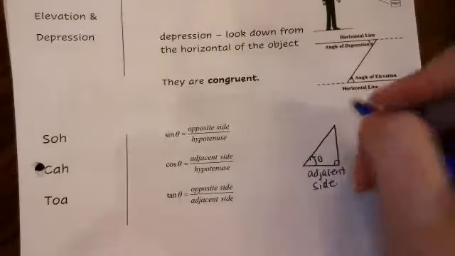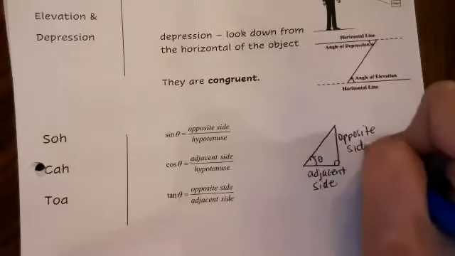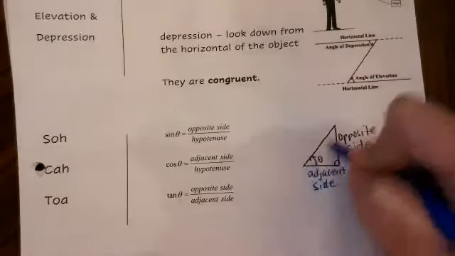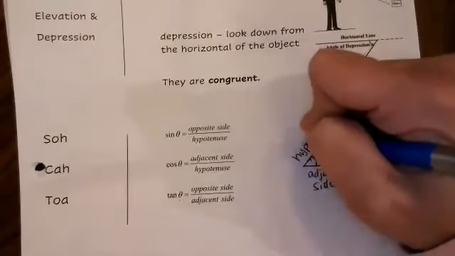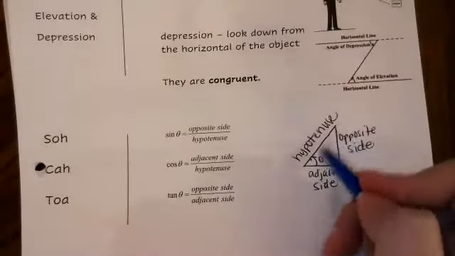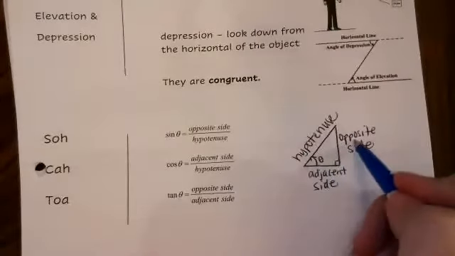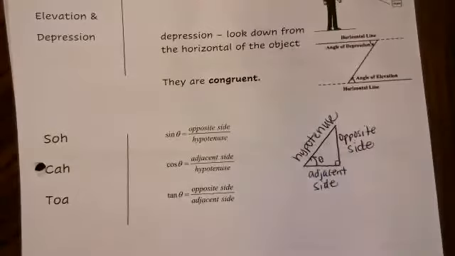The side across from that would be our opposite side. And then our hypotenuse is always this longest side right here. So this is our hypotenuse. The opposite side would be this one right here. The adjacent side is attached.